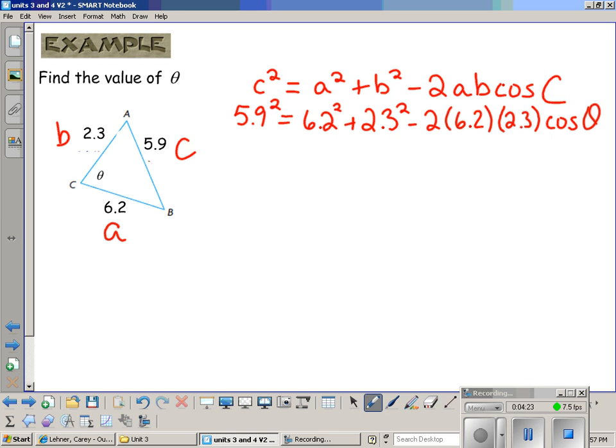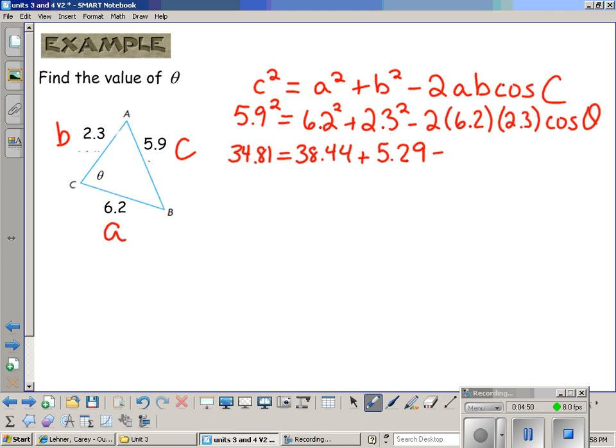So we can go through now and calculate the squared parts. 5.9 squared is 34.81. 6.2 squared is 38.44. 2.3 squared is 5.29. Now we're going to treat cos theta just like we would treat a variable.